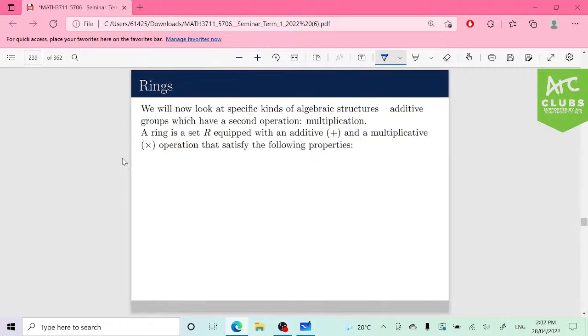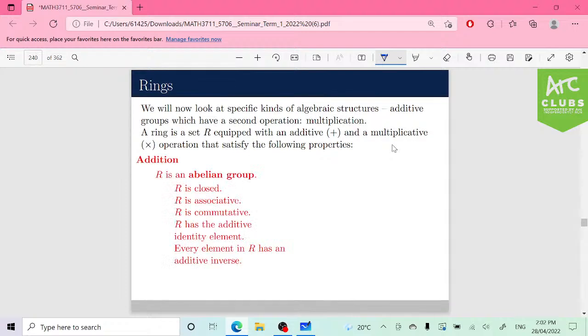Formally speaking, we define a ring to be a set R that is equipped with two operations, an additive operation and a multiplicative operation, and it satisfies the following properties. For addition, we require that R is an abelian group.